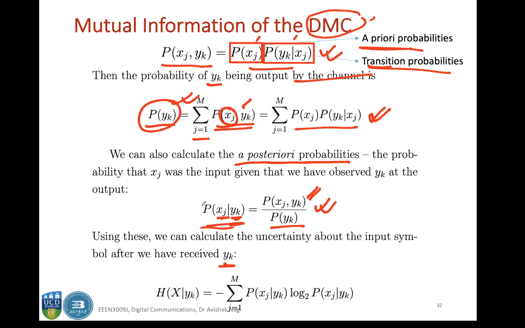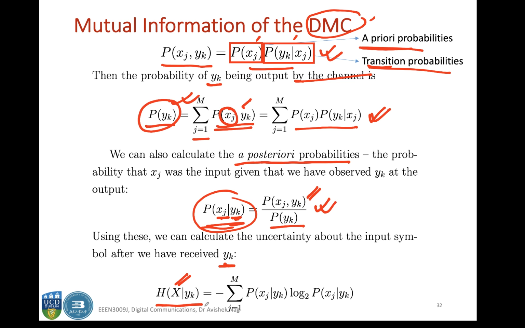And once we can calculate these, we can also calculate the entropy, or the uncertainty, about the input symbol. So you can calculate the entropy of the entire input X given you observe yk, and that can be written from the definition of the entropy that you learned so far.